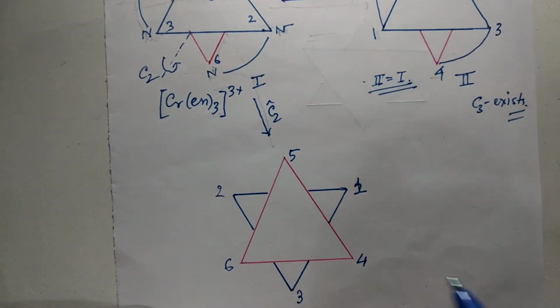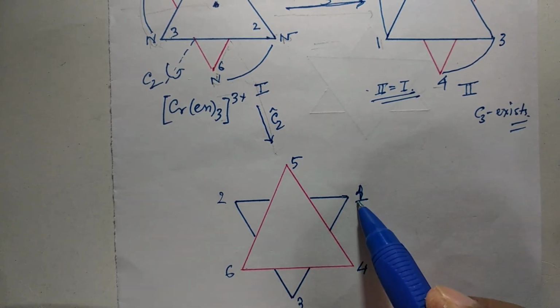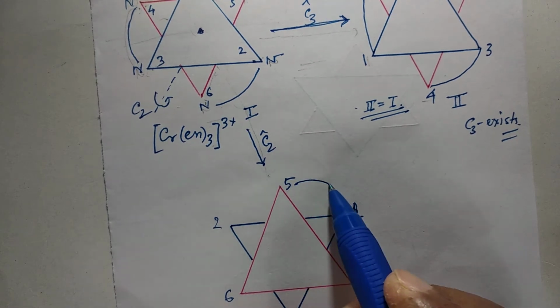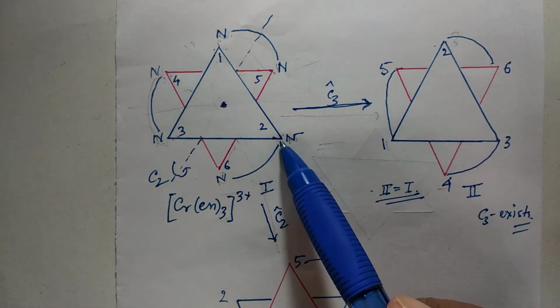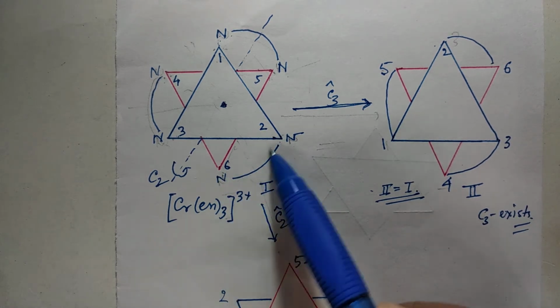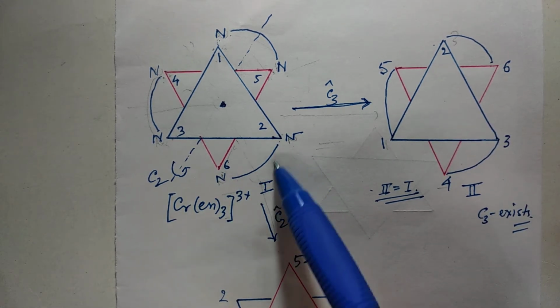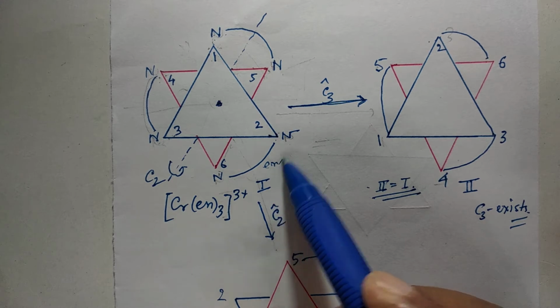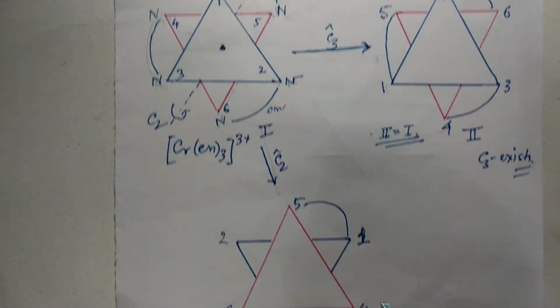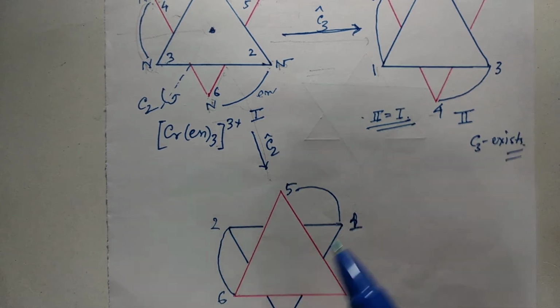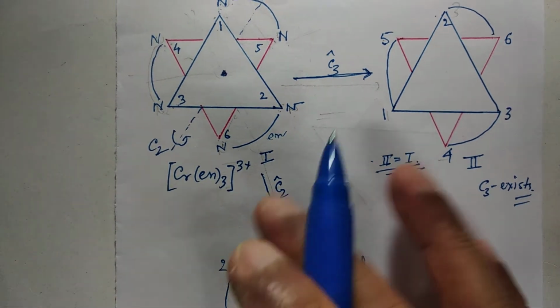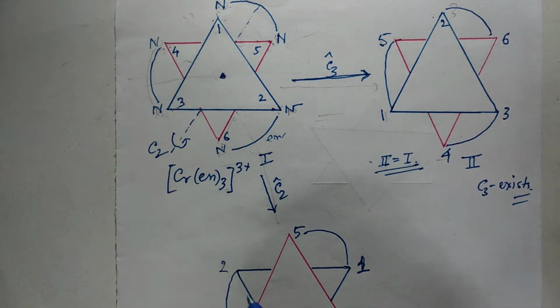So here we have to bridge 1 and 5. Similarly, here we see 2 and 6 to be bridged. That is, this is the ethylenediamine moiety, 2, 6. So 2 and 6 are to be connected. By that rotation, this part goes to this position.